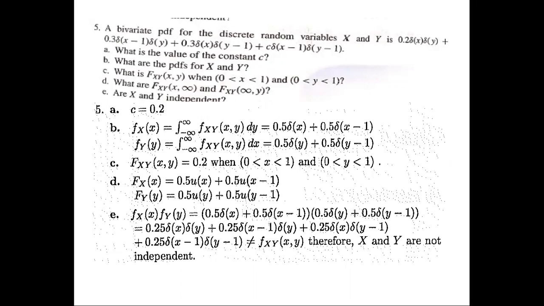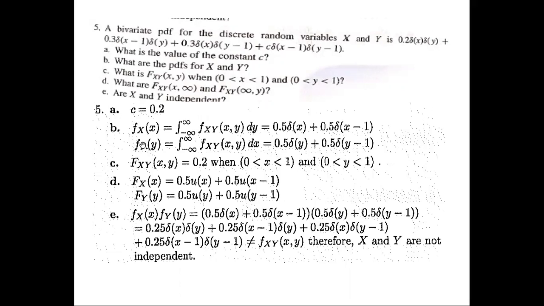Only the integral of δ(x) dx will be 1, or the integral of δ(y) dy. The integral of δ(x) dy will not be 1 because the integration is with respect to a totally different variable. So when integrating with respect to dy, only the δ(y) will vanish, and we are left with 0.5 δ(x) plus 0.5 δ(x−1).